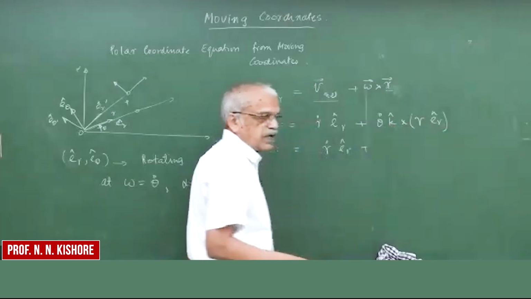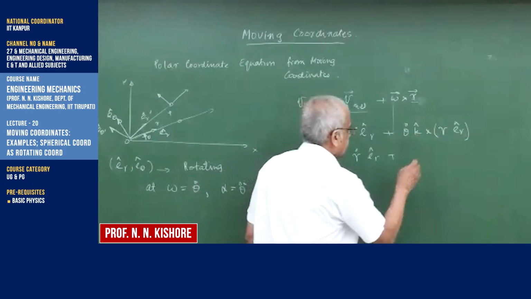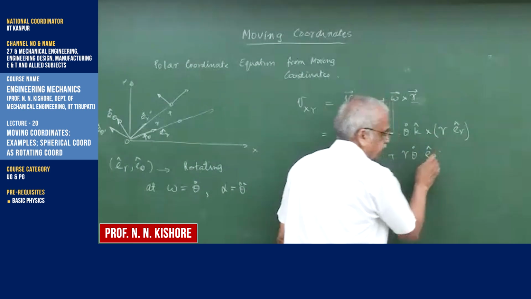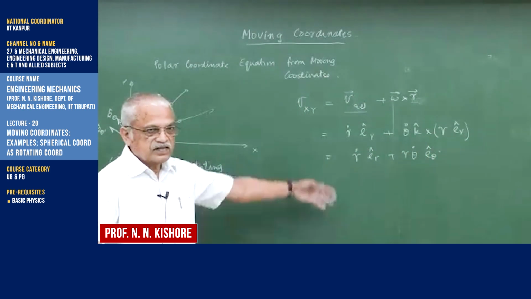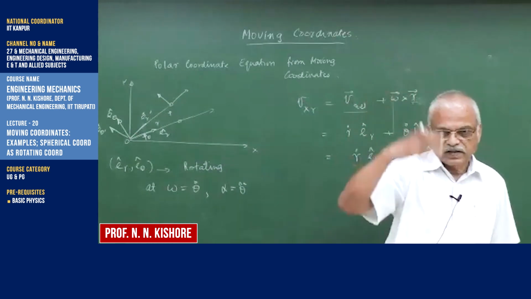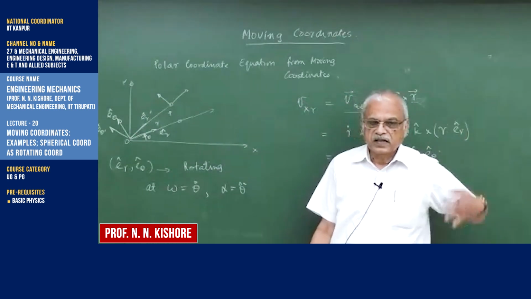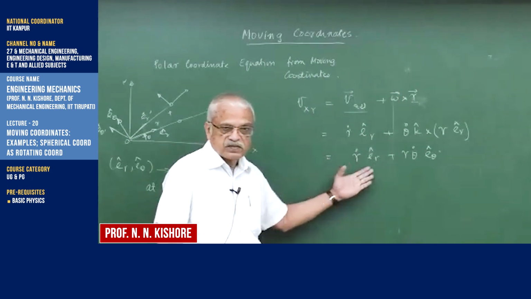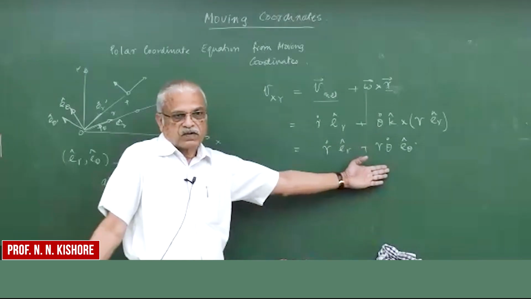K cross ER is nothing but E theta. See, this is another way of doing polar coordinates. We did it in our own way, but if you do it from the knowledge of the rotating coordinate system, you get the same formula, right?